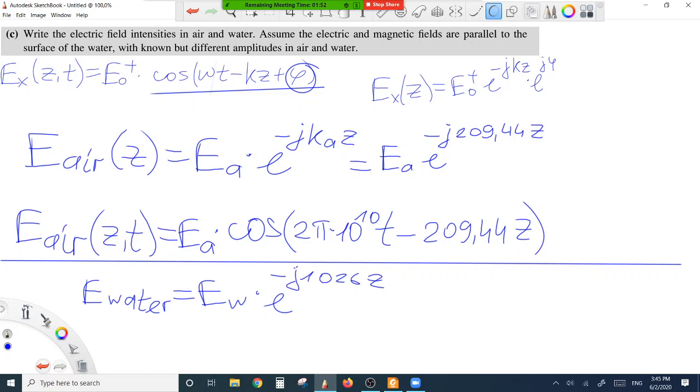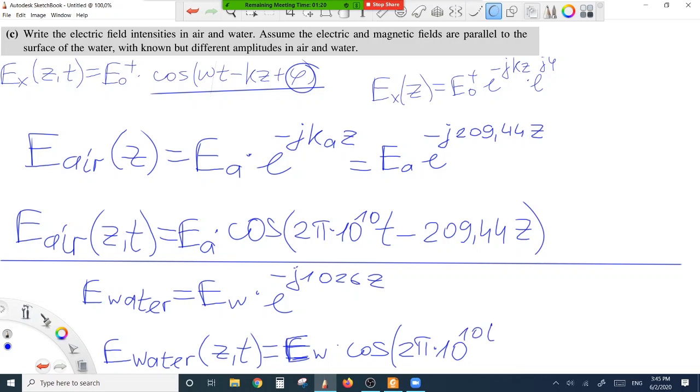If we write in time harmonic form, E water of z and t will be equal to E_W, the electric field amplitude in the water, multiplied by cosine of 2π times 10 to the power of 10 t, minus 1026 z. 2πf doesn't change. Okay, that's it.